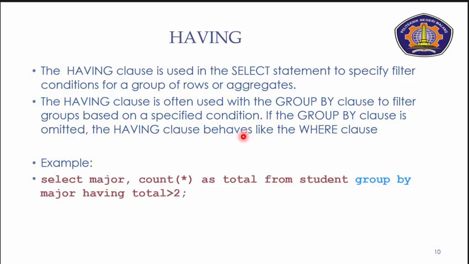Its function is filtering groups based on specific conditions. If the group by clause is omitted, then the having clause behaves like the where clause. For this sample: select major, count as total from student group by major. We put having after group by.